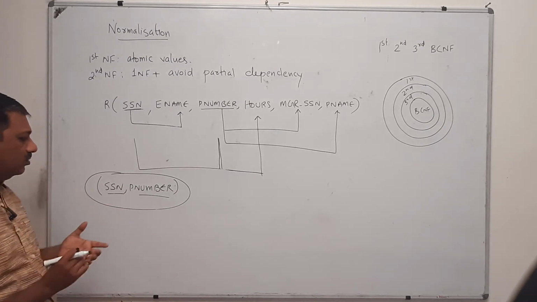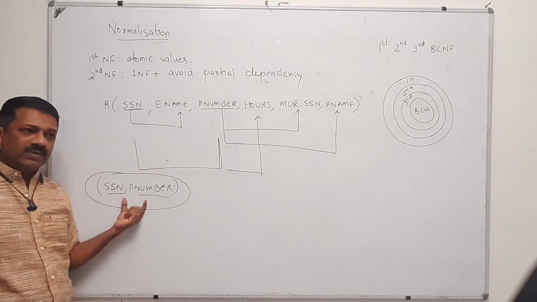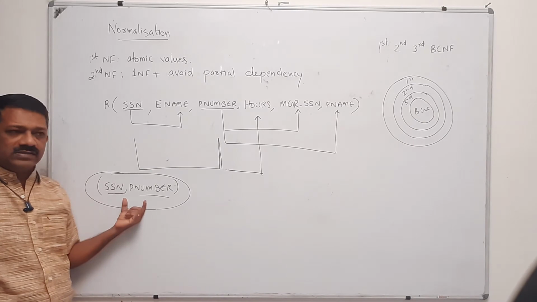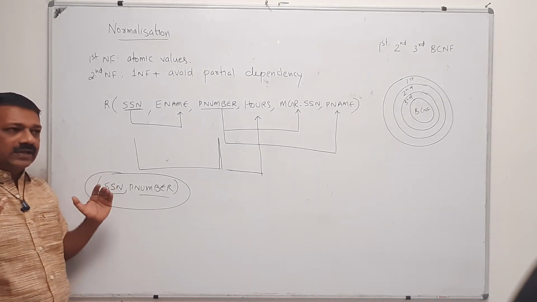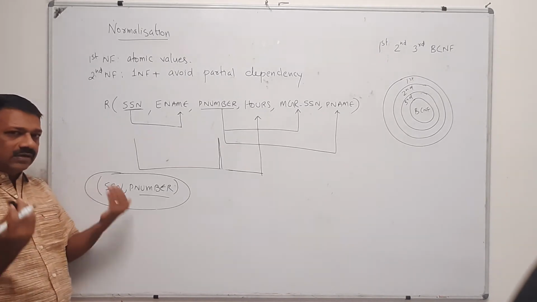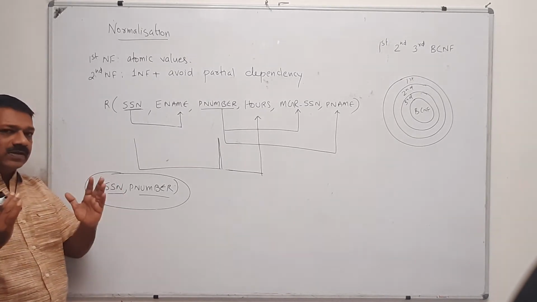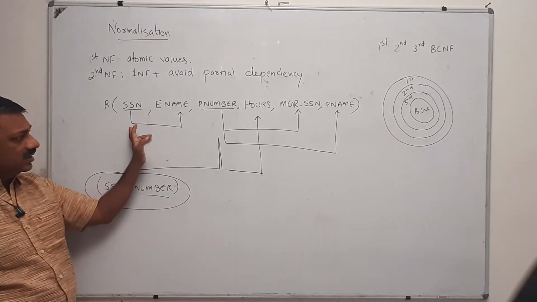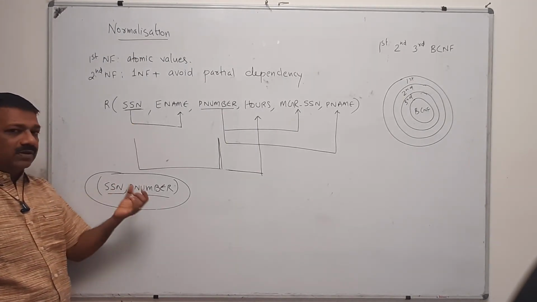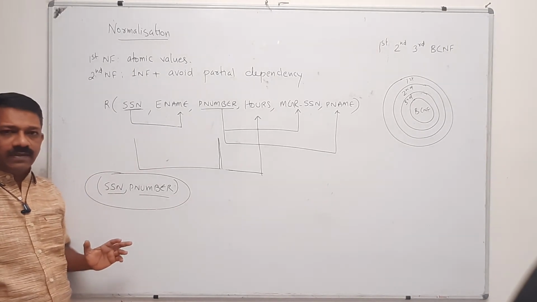Okay. Now, if you have a composite primary key, meaning more than one attribute for the primary key, and there are attributes which depend only on a subset of this key, that means here SSN and P number together form the primary key.